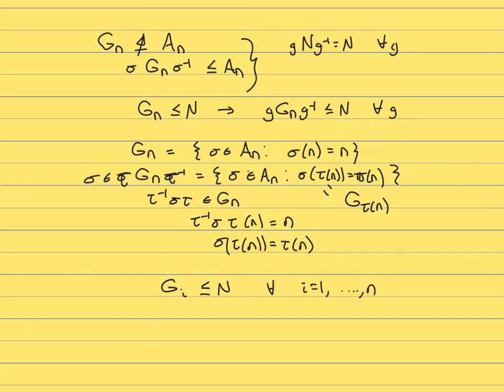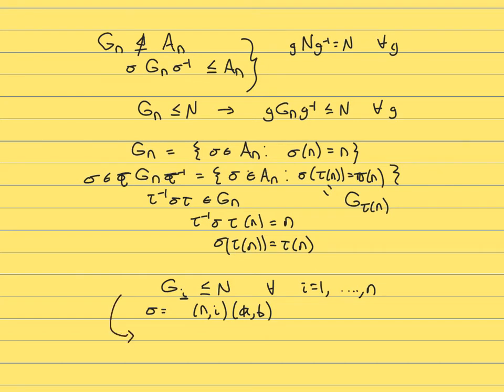Because certainly you can find a permutation that sends n to I and fixes anything else, I mean, an even permutation. So that when you do this conjugation, you get G sub tau of n to be G of I. And so congratulations, not only is one of these stabilizer subgroups contained in our normal subgroup, they all are.